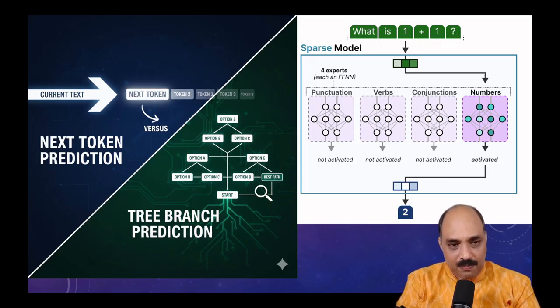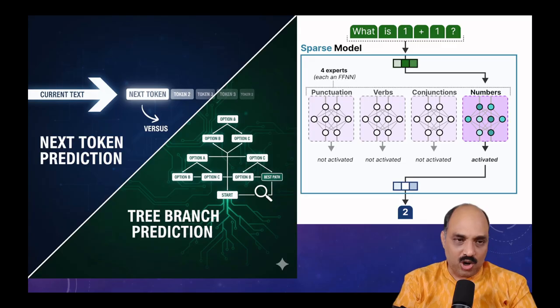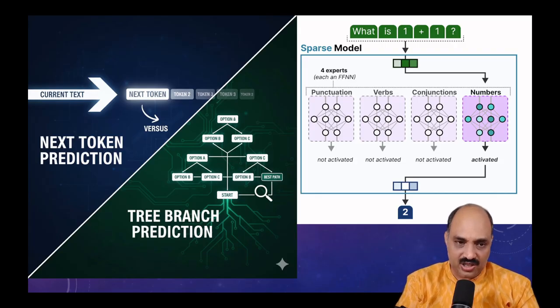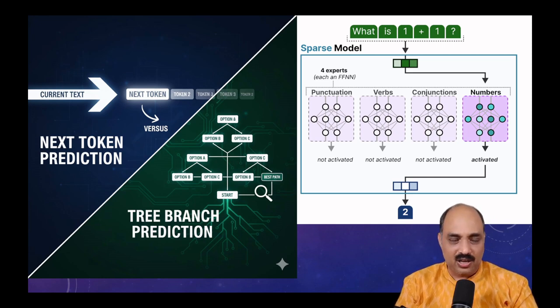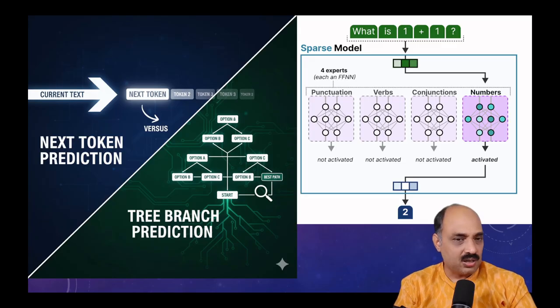So, except for the mixture of experts model, most of the other models base their output or generation on next token prediction itself. So, if you are doing next token prediction, again I refer back to the deterministic LLMs video.